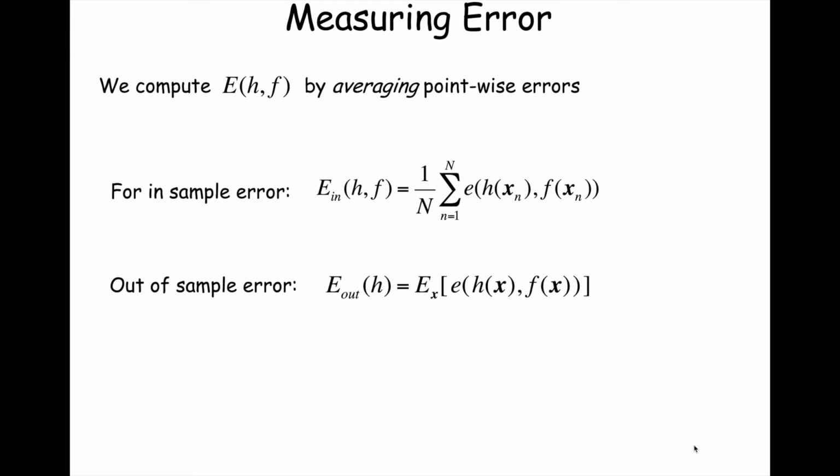And so you take the expected pointwise error, measuring the coincidence between our current working hypothesis on that out of sample point X and the ground truth target function, the label that it assigns on that current feature vector X. Does that make sense? You'll notice the difference: for in-sample error, it's an average, right? For out-of-sample error, it's an expectation. Okay? All right. Any questions about this?